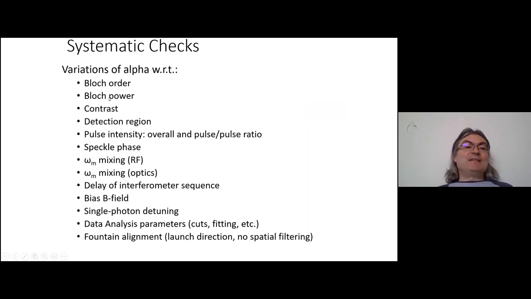For example, you run the experiment with a lower contrast on purpose and see if the value of alpha shifts and so on. And only after you're satisfied that all these experiments either yield no variation of alpha or they yield a variation of alpha that you understand quantitatively and that you can take out, only then you unblind.